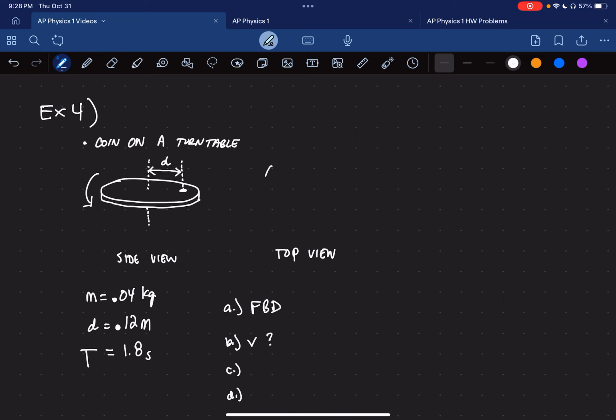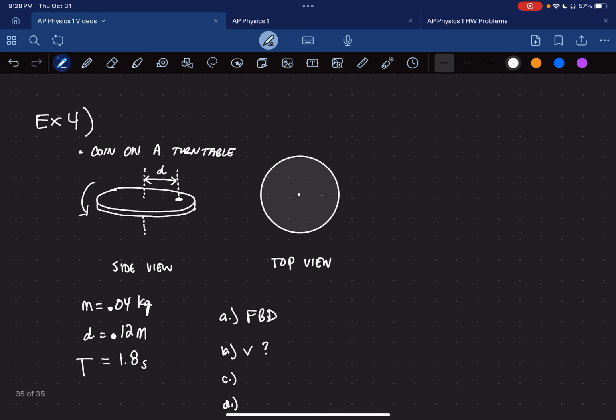If we gave it a top view, see if I can try this here. Cool, okay, shaded it in. Here's the axis of rotation for the turntable. Here's the coin.